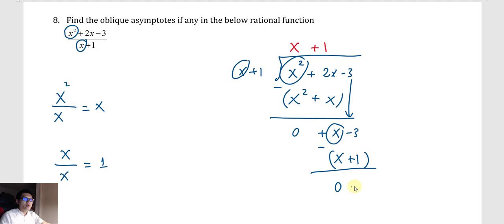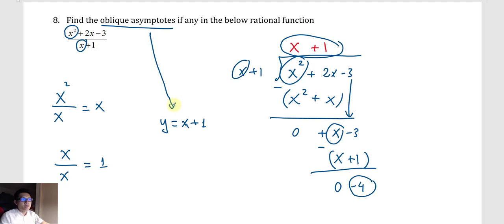Minus 3 minus 1, give me minus 4. Because we don't end up with a 0, we end up with minus 4. So minus 4 is the remainder. And the oblique asymptote is the quotient of this long division, which is x plus 1. So y equals x plus 1 is the oblique asymptote.